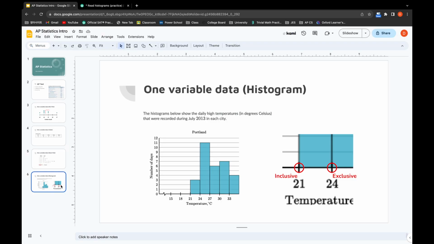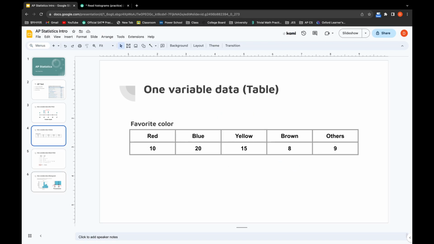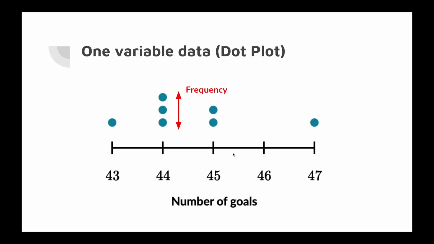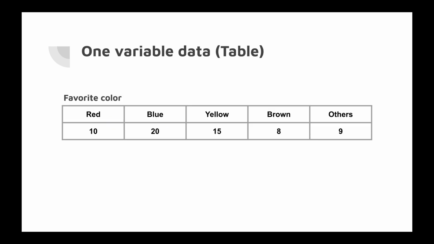Okay, before I end today's class, I'll just do a quick review for each concept that we learned. So for dot plot, we learned that the horizontal part is the number, and the vertical part represents the frequency by number of dots.